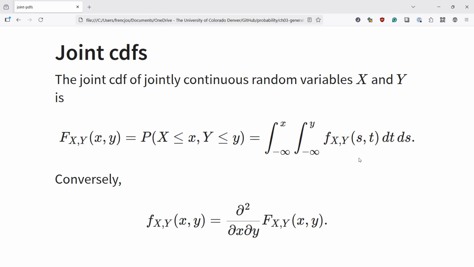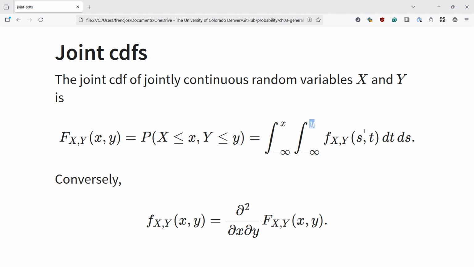And I should note that this representation of the formula for computing the joint CDF is a little more complex than it looks on the surface, because it's possible that x and y are dependent random variables. So for example, we might have the constraint that y has to be less than or equal to x, in which case this integral right here might actually go only to the upper bound of x or something like that.